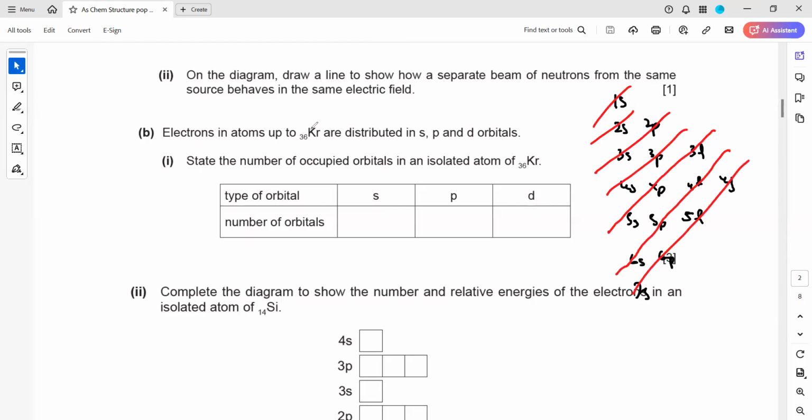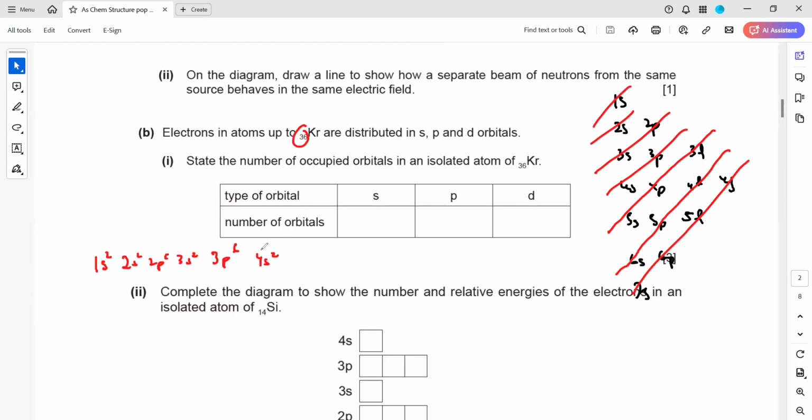When we write the configuration for 36 electrons, we have 1s2, 2s2, 2p6, 3s2. After 3s2 it will go to 3p6, then from 3p6 it will go to 4s2.